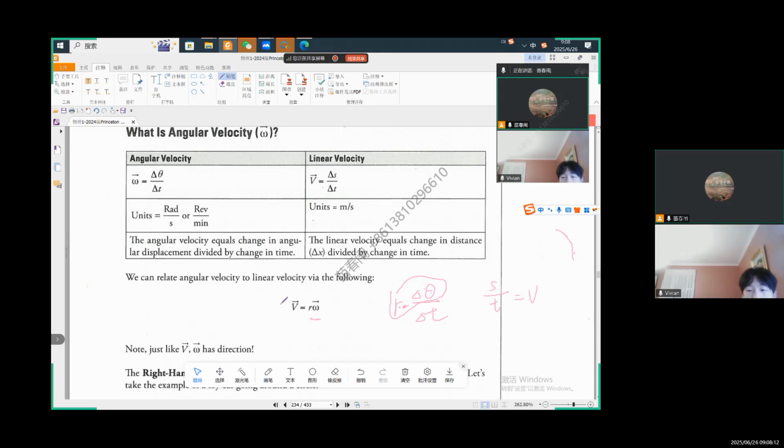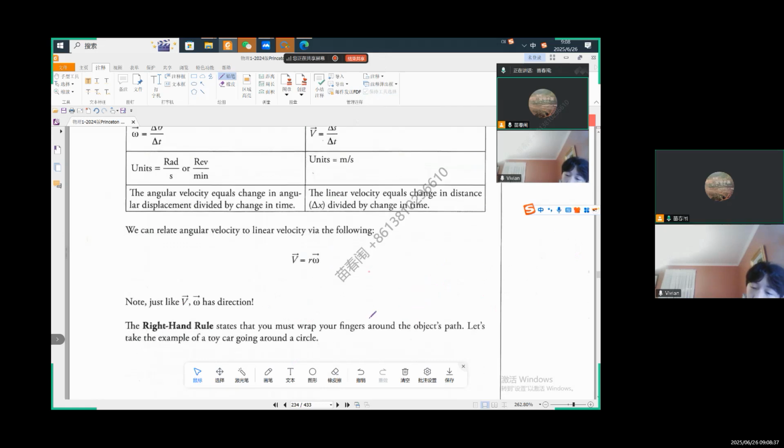So this is v equals r omega. We also use this. If you want to write it in vector form, vector v equals r times vector omega. Well, sure, we can use vectors in the calculation.